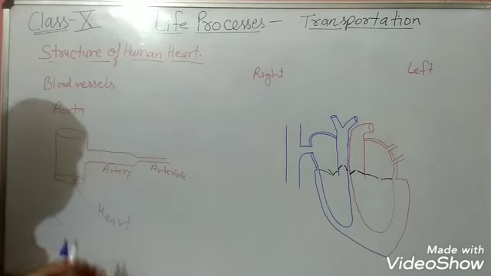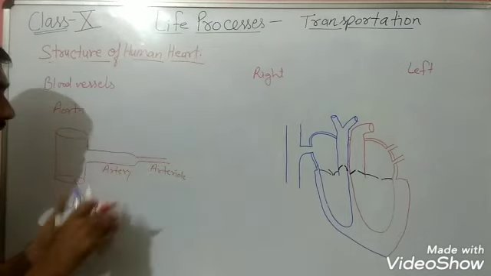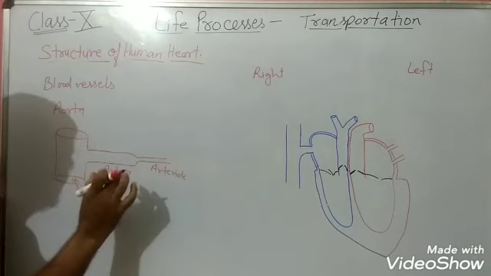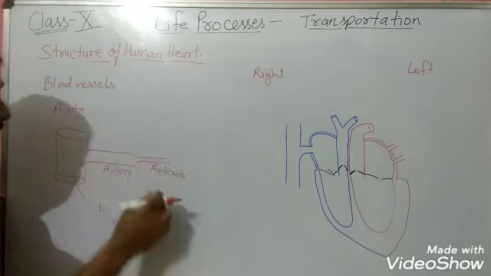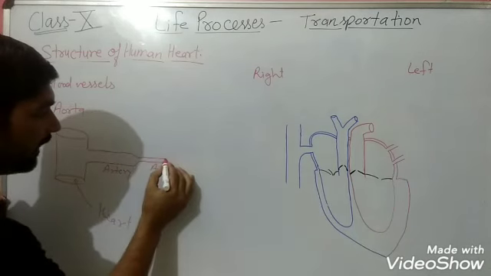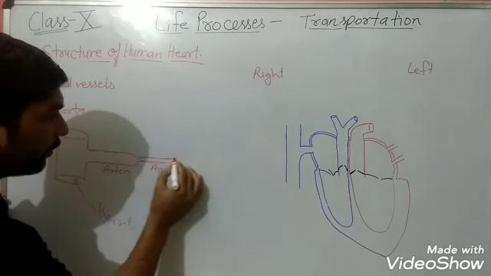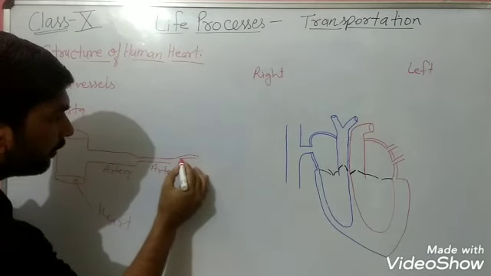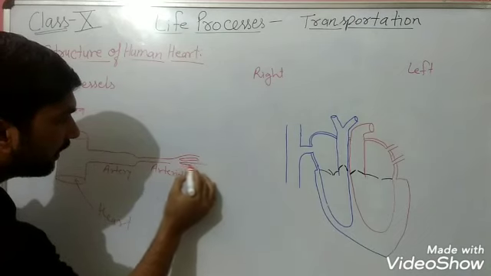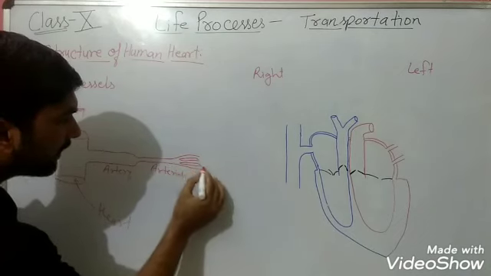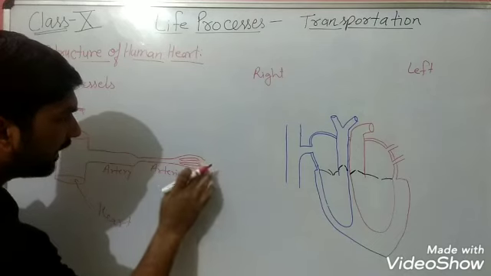It will not be a single one like this, but I am showing you only one example that an artery is going to further divide into thin tubules, known as arterioles, and these arterioles are again going to divide into many segments which are known as what? Capillaries.